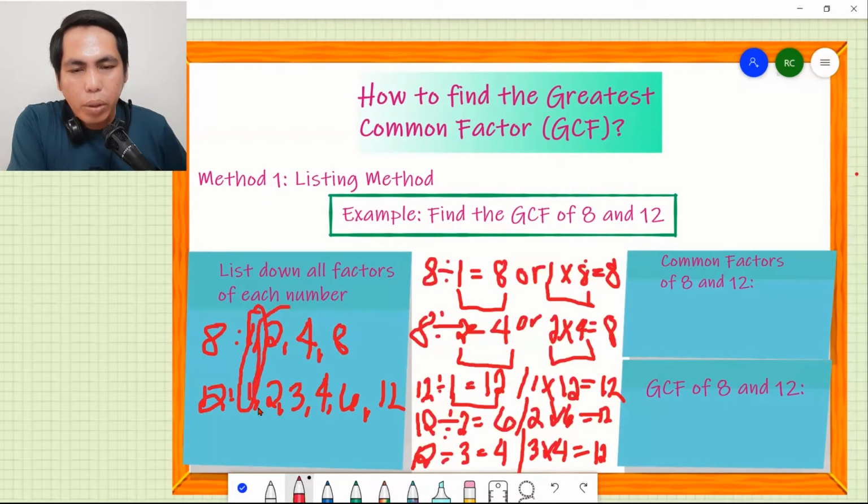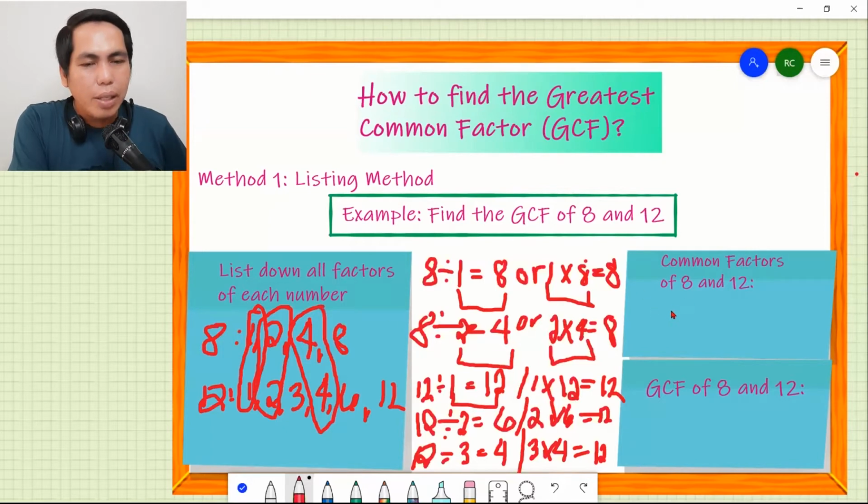We have also 2 common, and also the 4 as common factor of 8 and 12. So let us write the common factors here. We have 1, 2, and 4. Among these factors that are common to 8 and 12, 4 is the biggest. So automatically, 4 is the greatest common factor of 8 and 12.